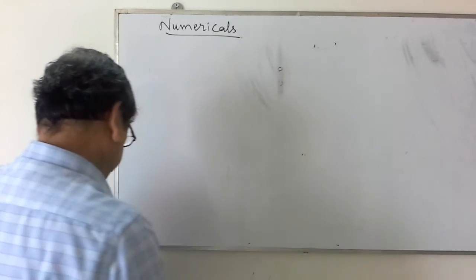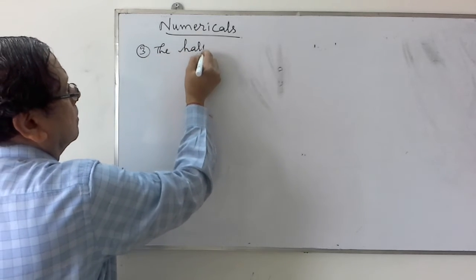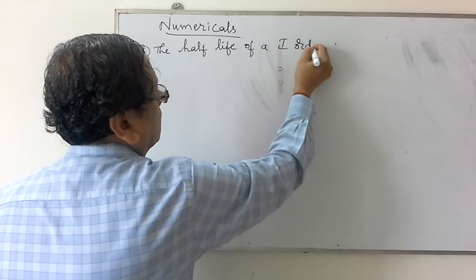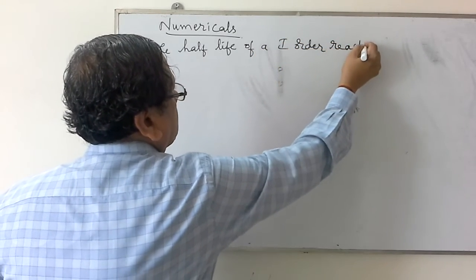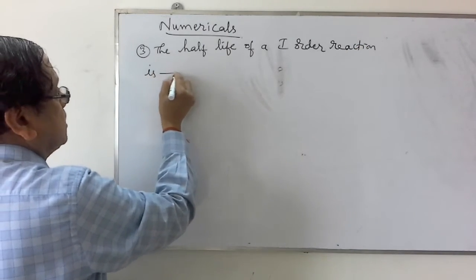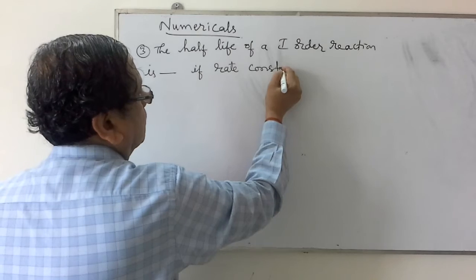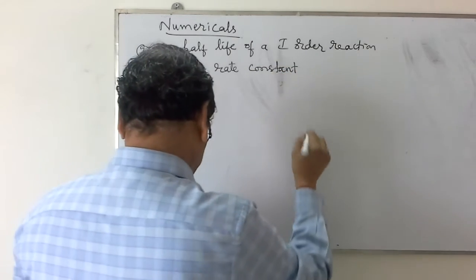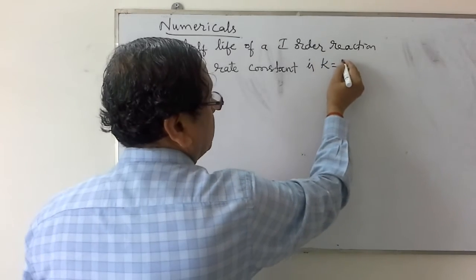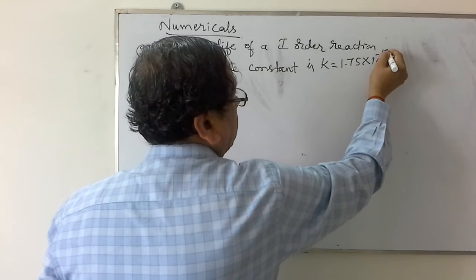The half-life of a first order reaction is dash, if the rate constant K is equal to 1.75 into 10 to the power minus 5 per second.